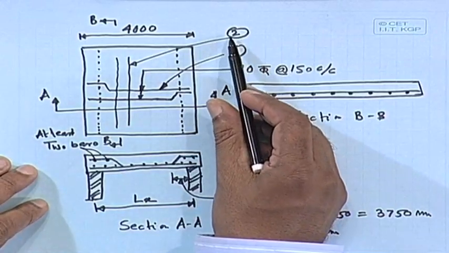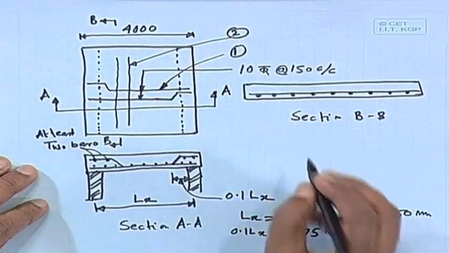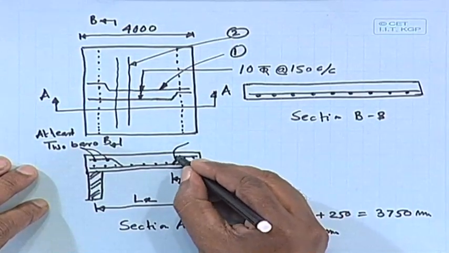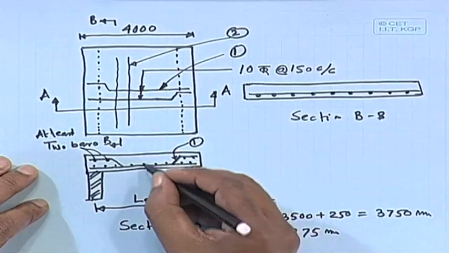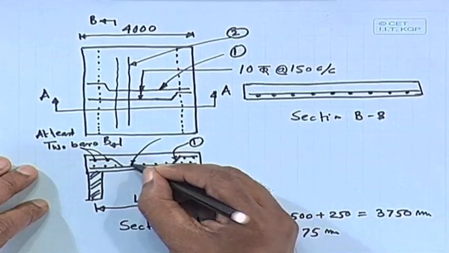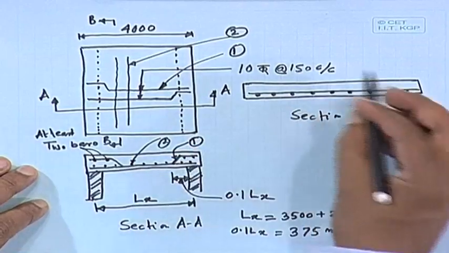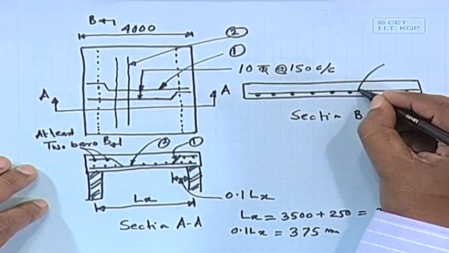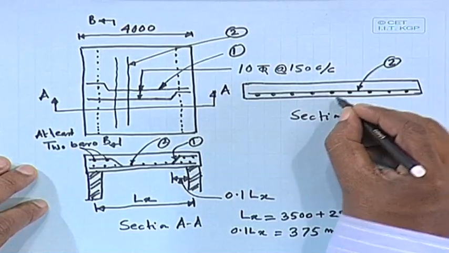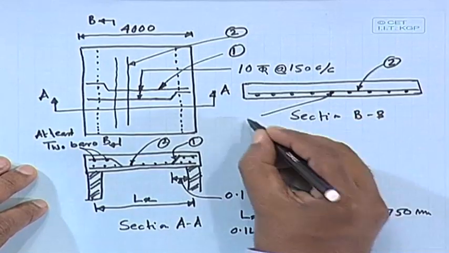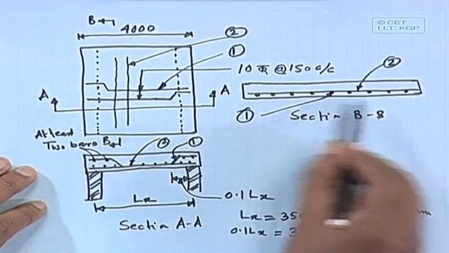So here this is bar 1, and the other one, the dots, are 2, whereas here this one is 2 and these dots are 1. Because we are taking the other section, that is very important. Whenever you are showing the section, which side you are cutting is very important.